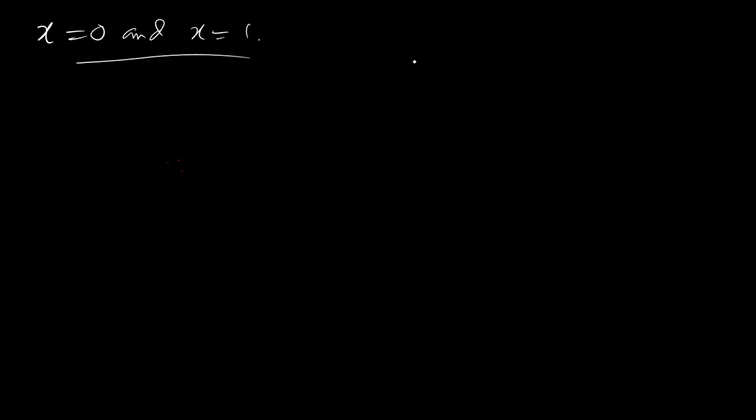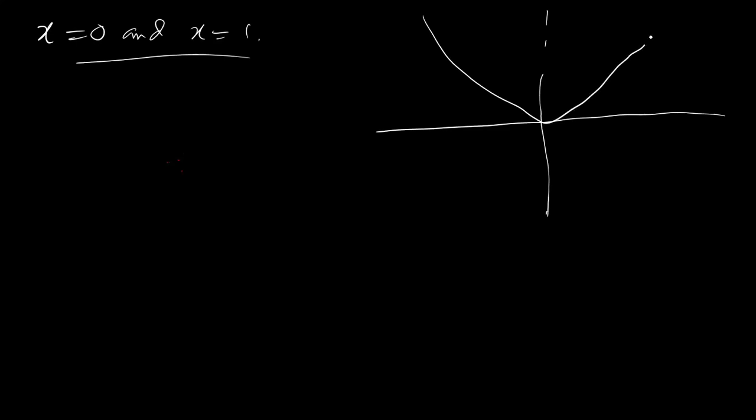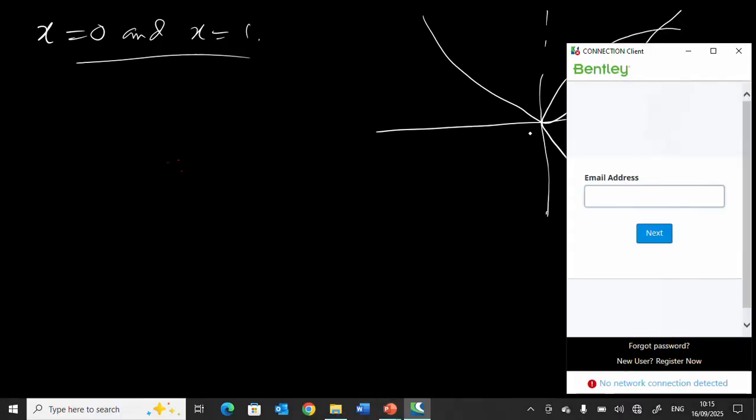So now let's sketch the curves. So you have something like this. You have the other one this other way. So here is 0.